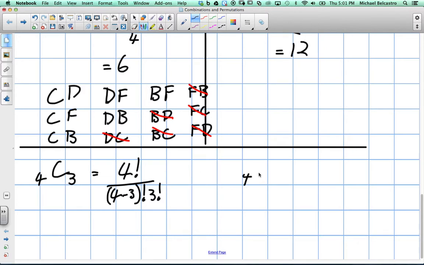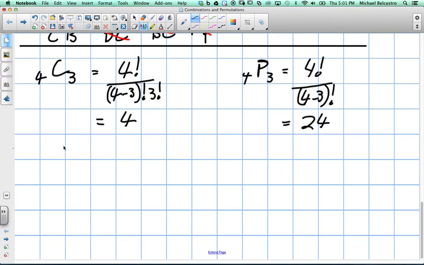And for our permutation, 4P3 is equal to 4 factorial over 4 subtract 3 factorial. If you end up doing this, this becomes 24 over 1, which is the value of 24. This one here becomes 24 over 3 times 2 is 6, which gives us a value of 4 different options.